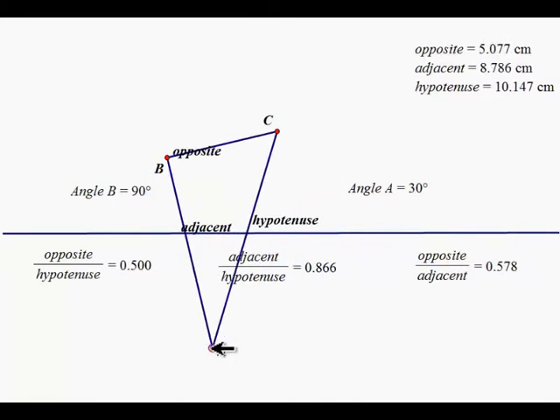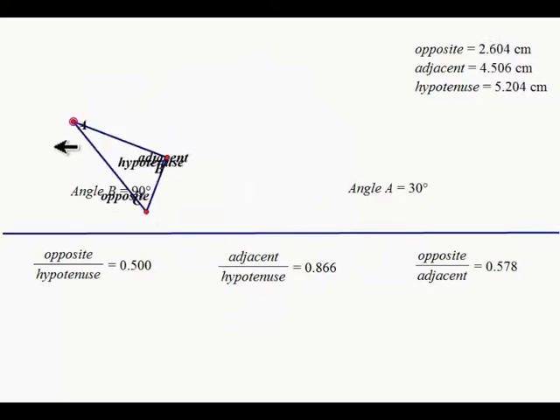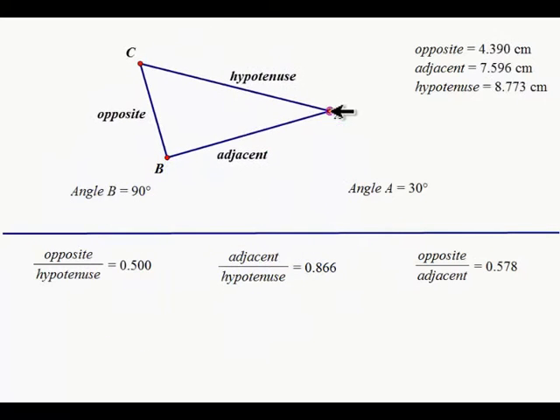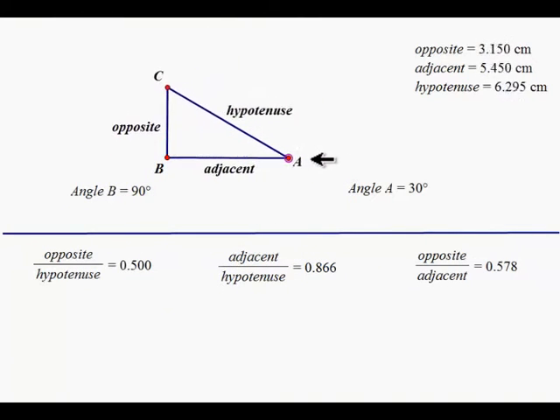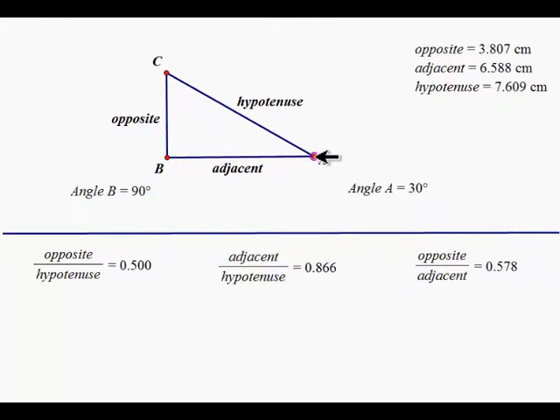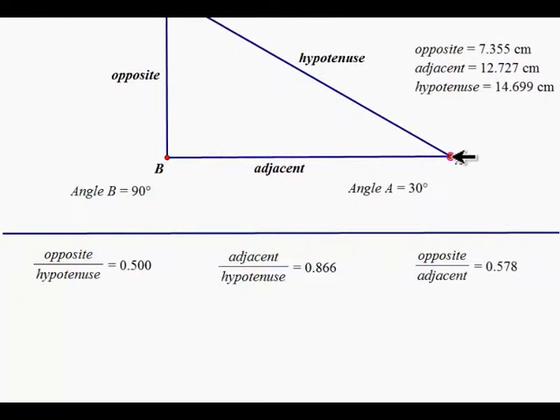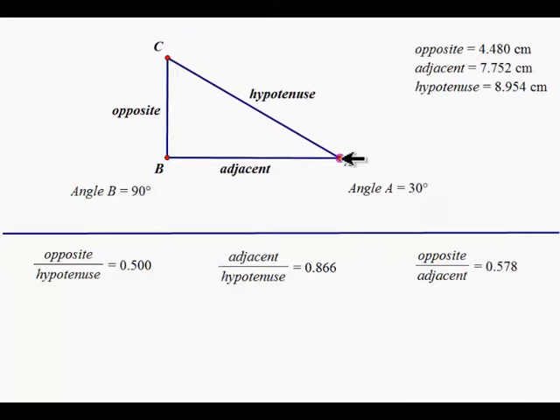So notice that the ratios are not changing at all, no matter where I place or shrink or enlarge this triangle, because as long as our reference angle is 30 degrees, our opposite over hypotenuse is always going to be 0.5. And same with the other ratios.